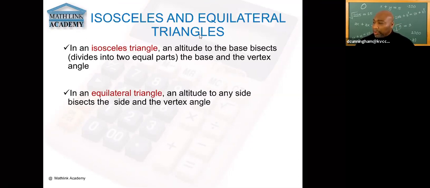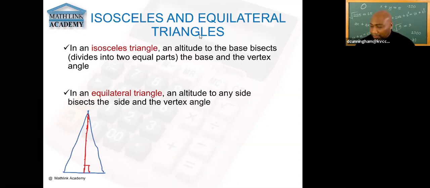An isosceles triangle can look like this. It has two legs that are equal and the base on the bottom. This property is telling us that if the altitude is a line from the top to the base, it hits the base at a right angle.